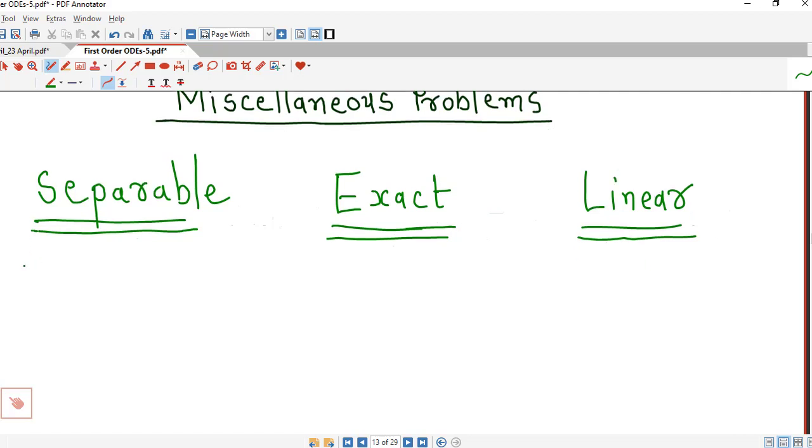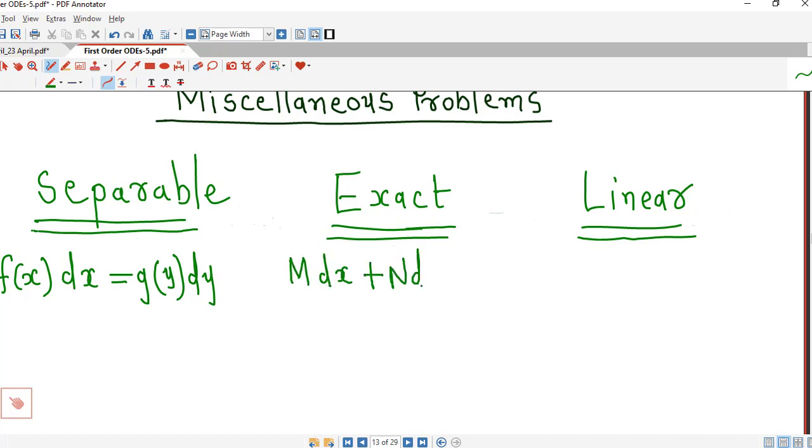And if we recall these three categories, then we know that if our differential equation is in this form, with dx we have some function of x and with dy we have some function of y, then it is separable. Also we have discussed that if our differential equation is in this form, then it is exact if the partial derivative of M with respect to y and the partial derivative of N with respect to x are equal.